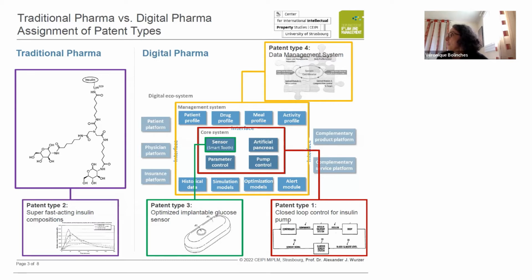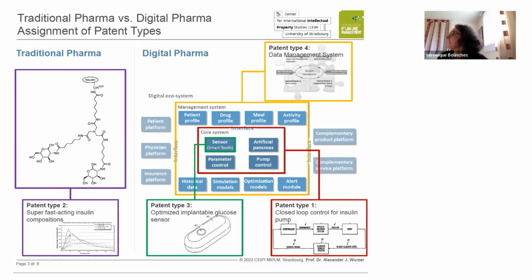Then patent type 1 is a system and method for controlling and monitoring the diabetes management system. That's why it's linked to the whole core system: the sensor, the artificial pancreas, the parameter control, and also the pump control.